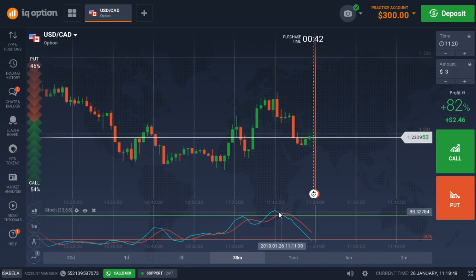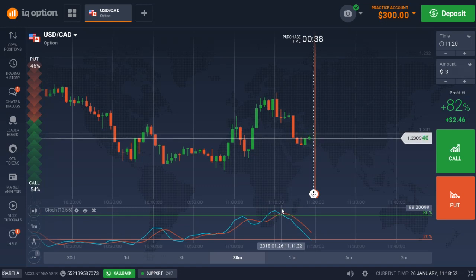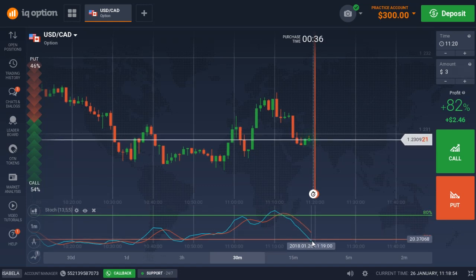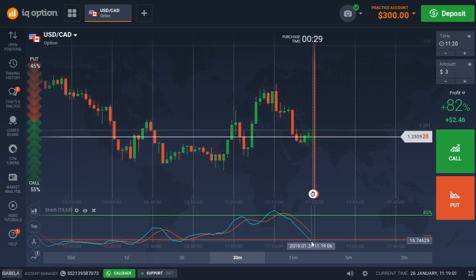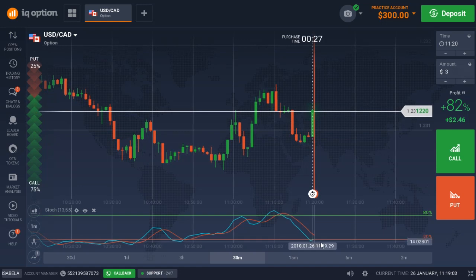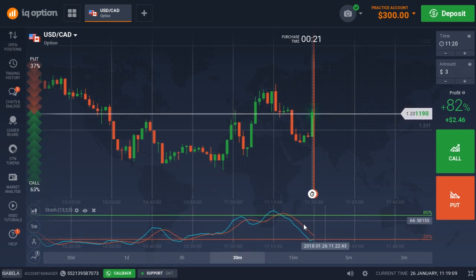So we can expect the market to be coming down when it's above this level. When it comes below the 20%, this means the market is oversold, and this gives us a bigger expectancy that the market will be shooting up and the buyers will be coming in. So this is what the stochastic oscillator tells us.